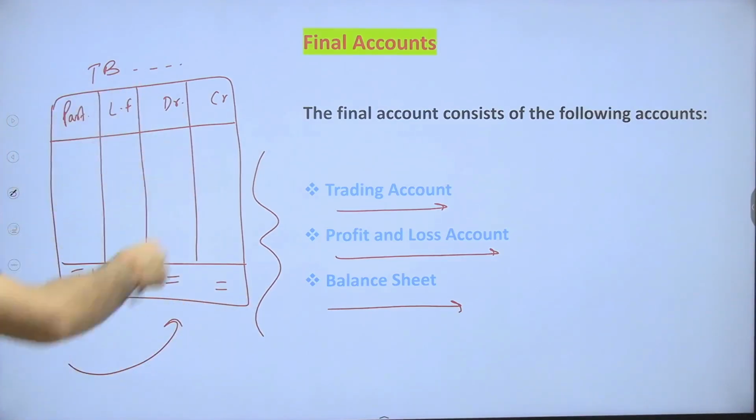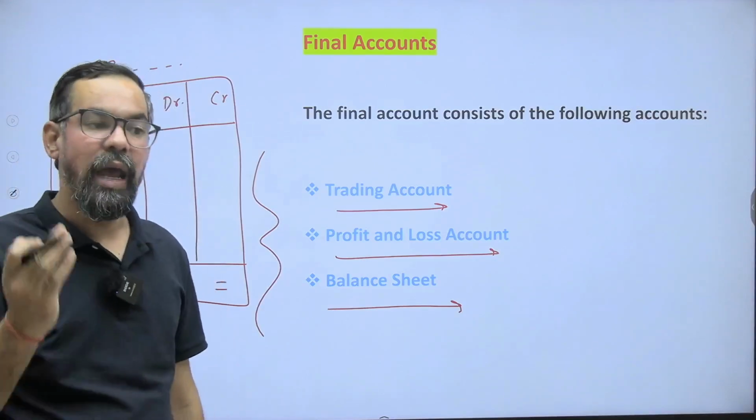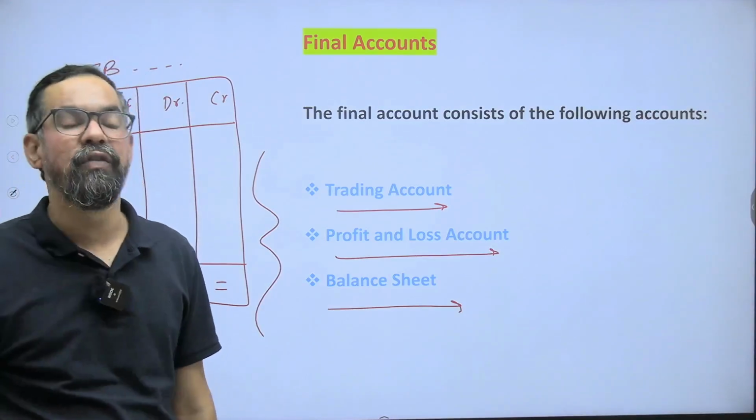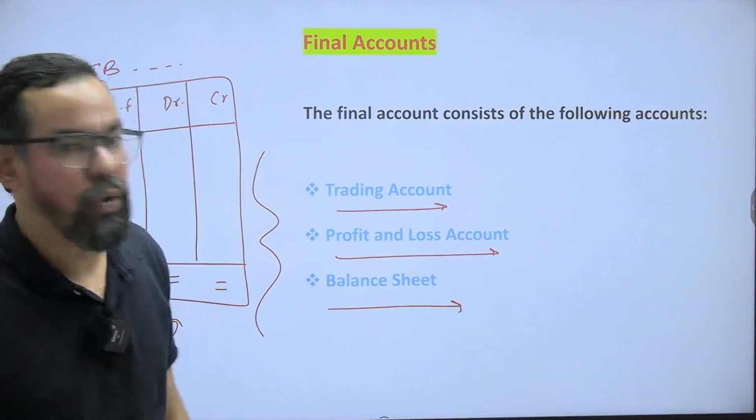When it comes to the trial balance, it is a summary of all the ledger accounts. And we prepare the ledger with the help of journal entries, and journal entries are the first entries in the books of accounts, right?